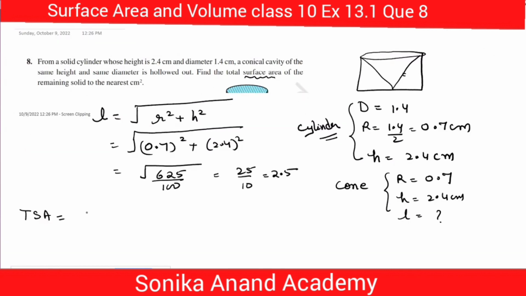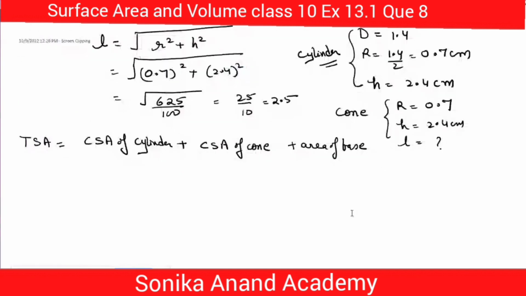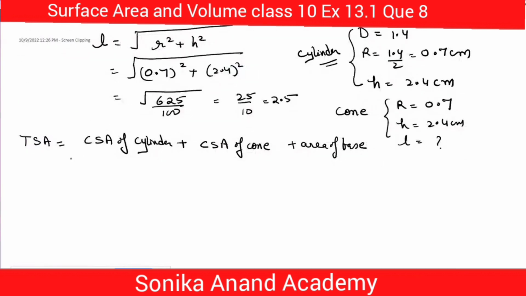Okay, solid is curved surface area of cylinder plus curved surface area of cone plus area of face. So it is equal to 2 pi rh, then pi rl, then pi r square.